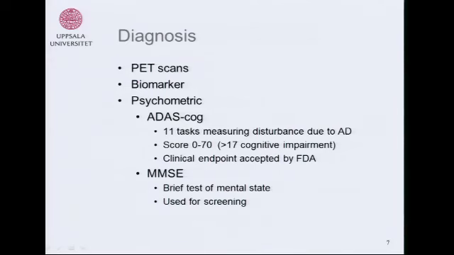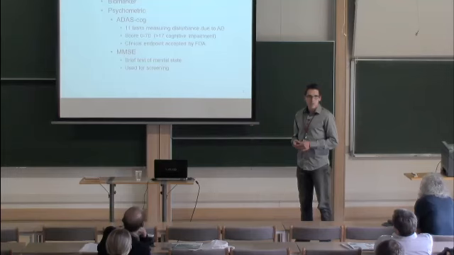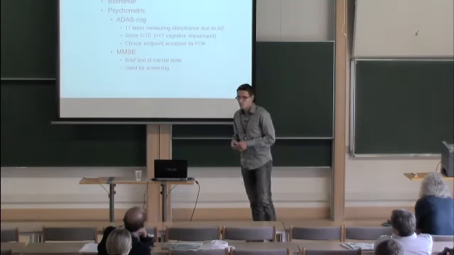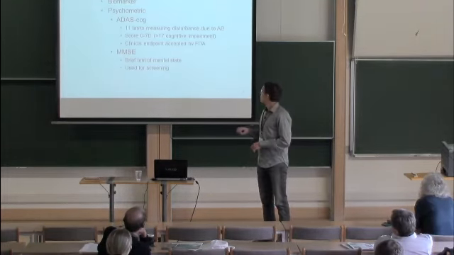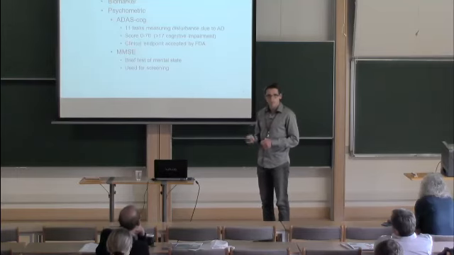It involves 11 tasks which measure different functions or the performance in different tasks, and it's between 0 and 70, where a score of 18 or more is interpreted as cognitive impairment. Very important as well is the mini mental state examination, which is a brief test, and it's usually used during screening.